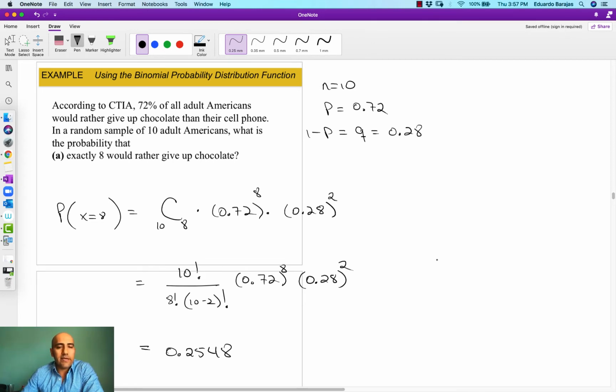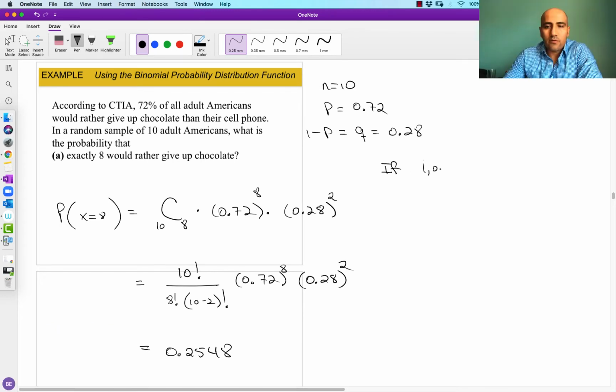So let's say the sample has size 10, and let's say that we repeat this 1,000 times. If 1,000 samples, each of size 10, are taken, you can kind of picture that.